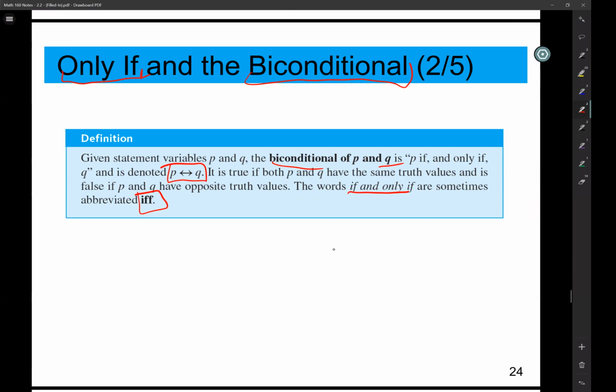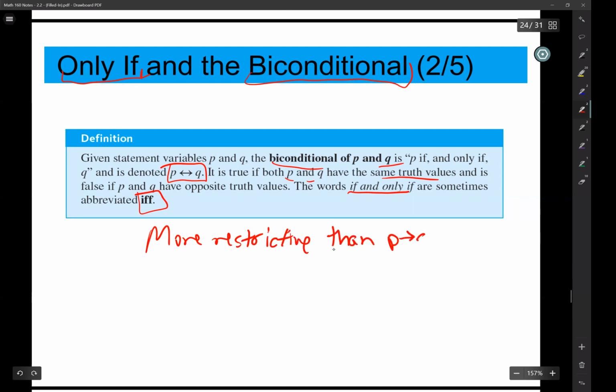So this is a lot harder to do. It only happens when both P and Q have the same truth values all the time. So it's more restrictive than just the regular P implies Q. Because the regular P implies Q was only false when we had a true hypothesis leading to a false conclusion, but the biconditional has to be true both ways.